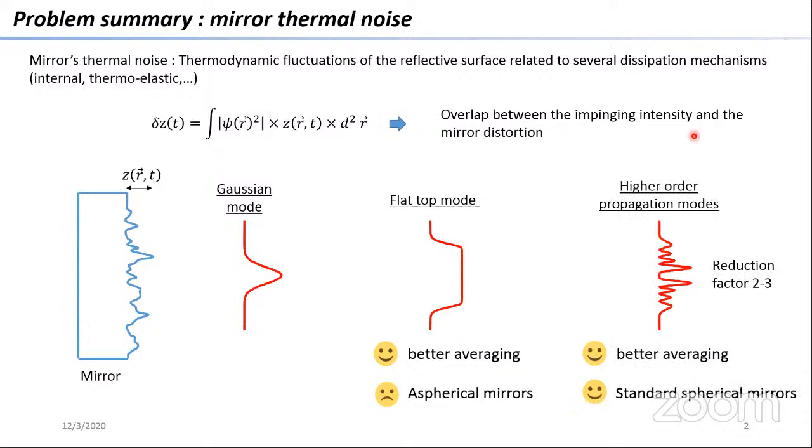Higher order modes, on the other hand, have reduction factors which are quite interesting. They have a better averaging of this integral, but they need standard spherical mirrors, except that they are a little bigger. So they are quite interesting modes in this sense.